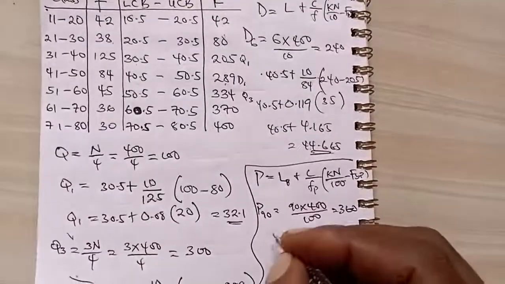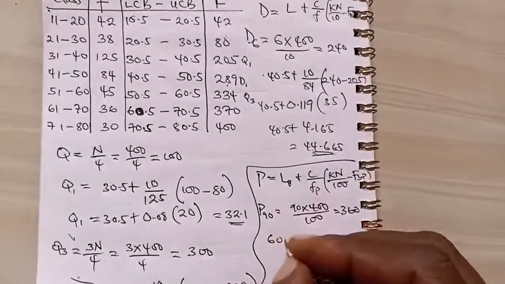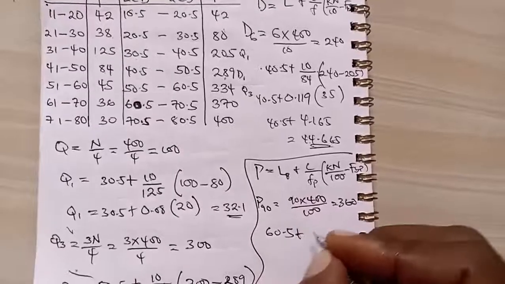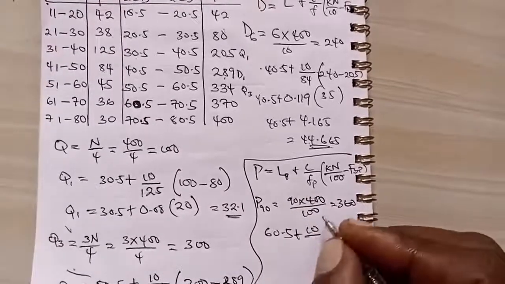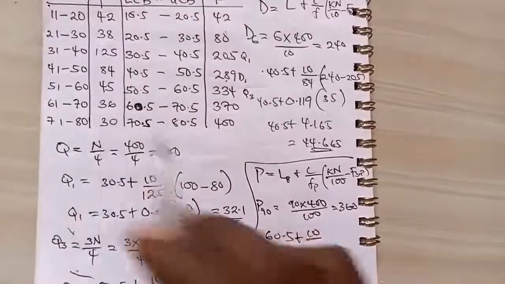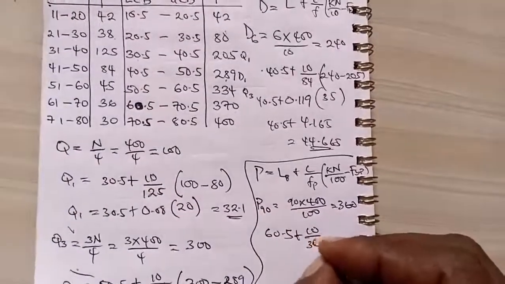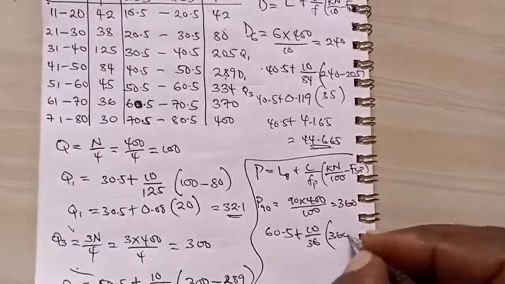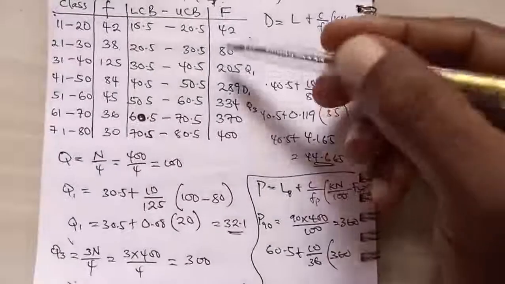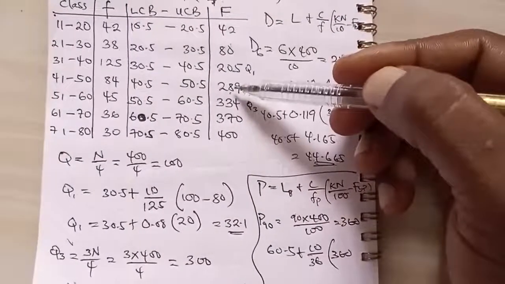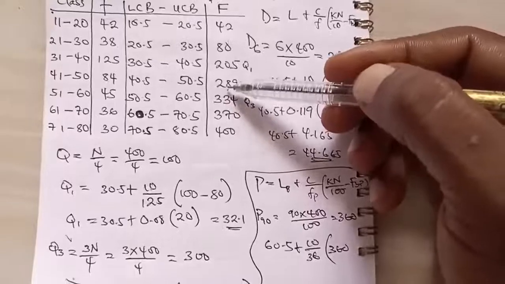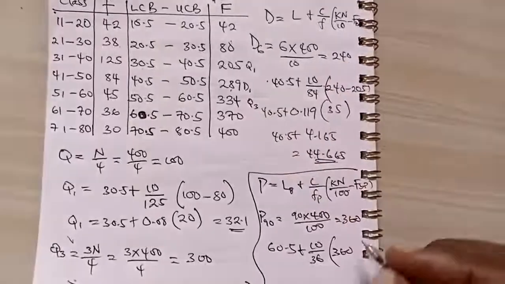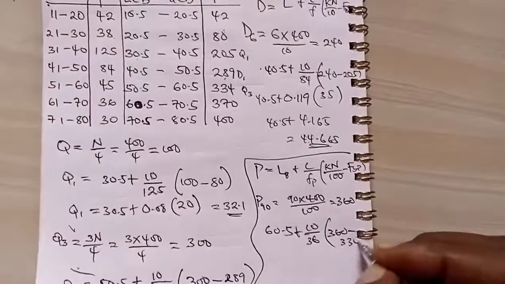So our lower class boundary is 60.5 plus 10 over the frequency of that class, 36, then times 360, which we already have, minus the cumulative frequency of the class before that class, which is 334.